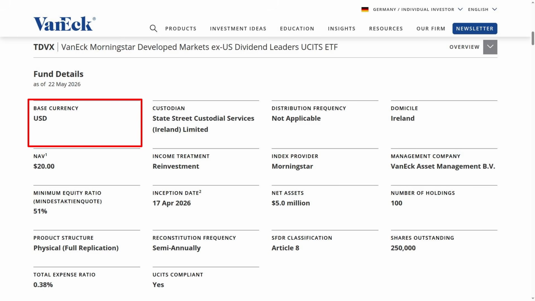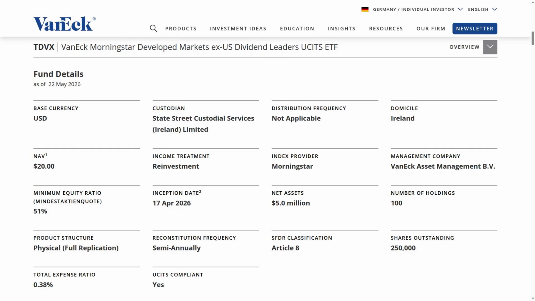While a euro listing would have made more sense in my opinion, the US dollar listing doesn't actually hurt you. Because there are no US companies in the fund, you are not exposed to US dollar currency risk. The ETF could just as easily be priced in silver coins or bananas. It really doesn't matter. What matters is the currency of the underlying stocks, and the US dollar is not one of them. Alright, moving on.